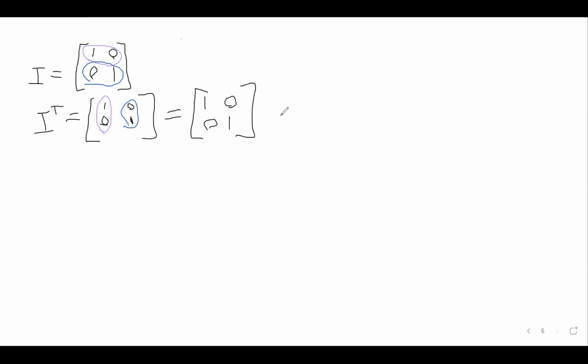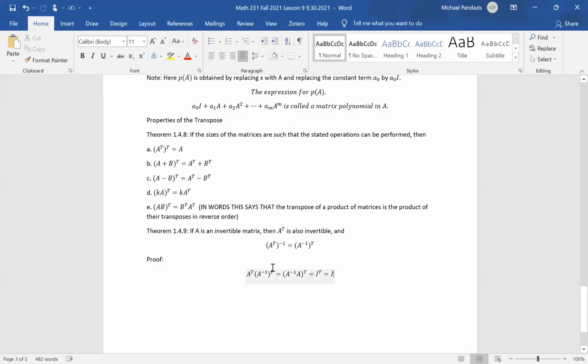That's still I. I transpose for a 2 by 2 identity matrix is I. And then you could do it for any size matrix. So in general, the transpose of an identity matrix is the identity matrix itself. Okay. So here, when we take I transpose, it's still I. So this shows us that A transpose times A inverse transpose is equal to I.